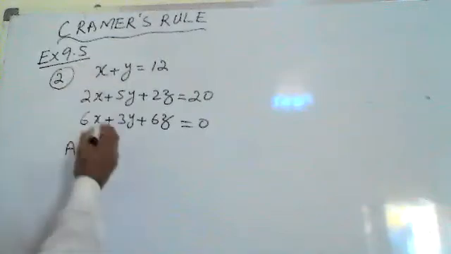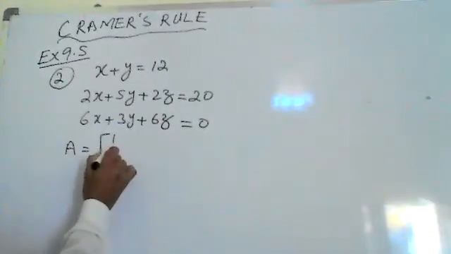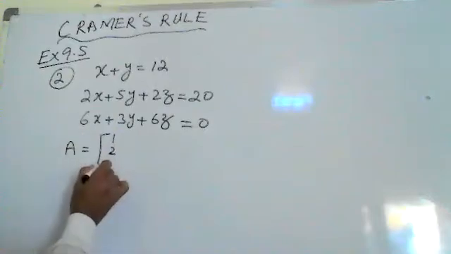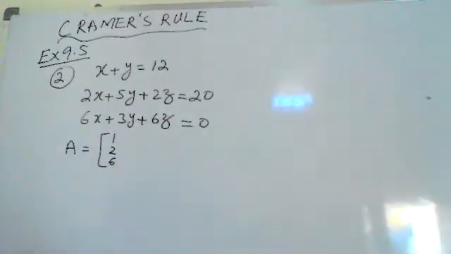In the first equation 1, in the second equation 2, in the third equation 6. In the first column of the matrix A, we wrote the coefficients of x.